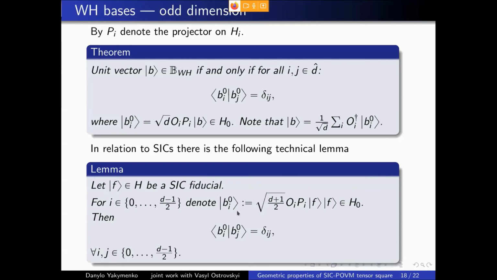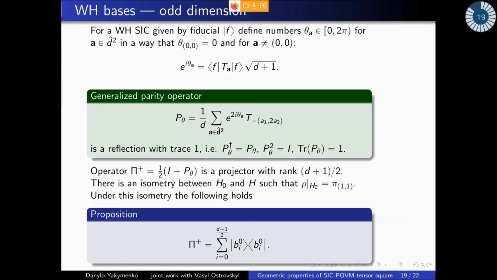Then those vectors will be mutually orthogonal and have norm 1. So to prove the main theorem, the idea is that we can then complete this set of vectors to the full basis, and that's all. Okay. Next.